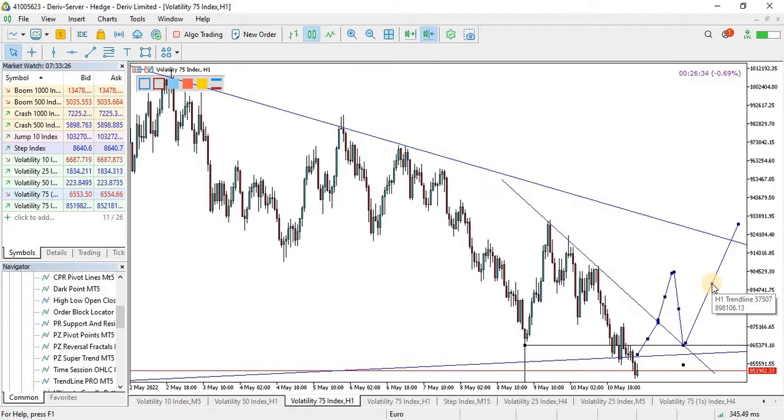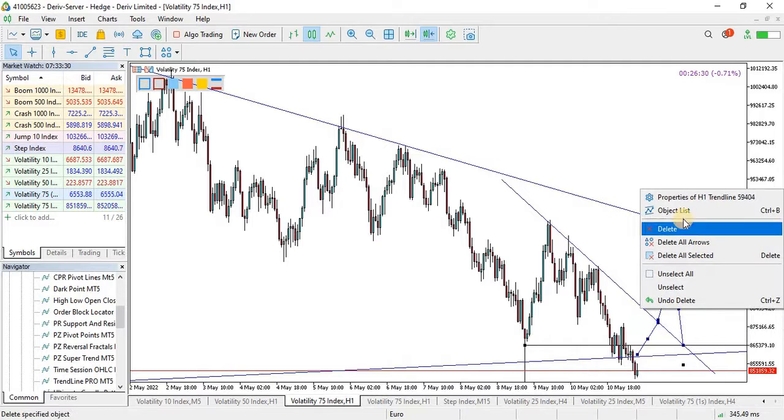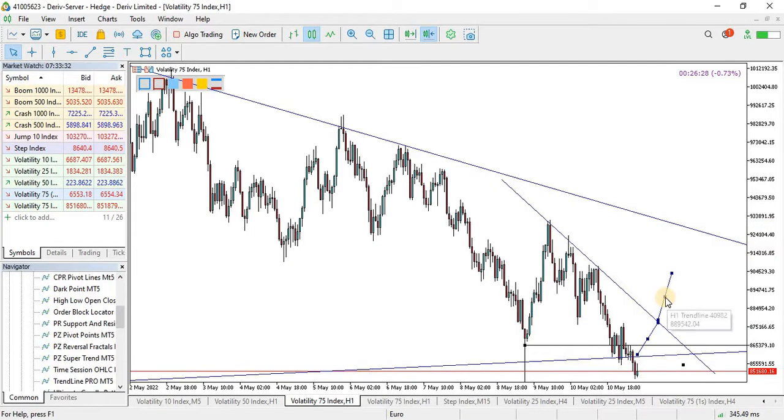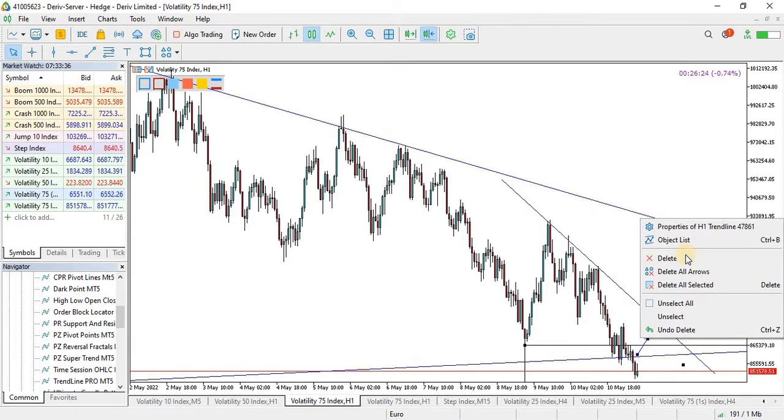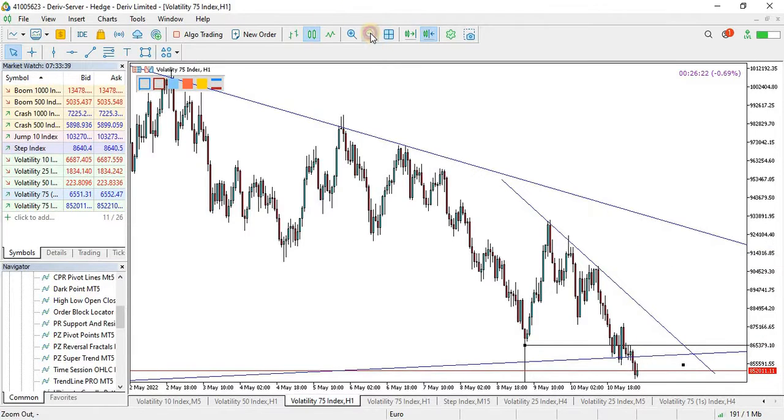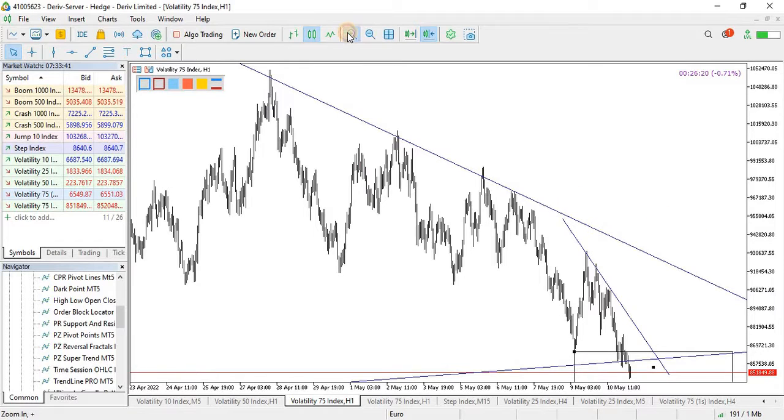That's what I'm going to look for. But in the meantime, after identifying that we are in the downtrend, all we have to do is try to practice a little bit of patience.